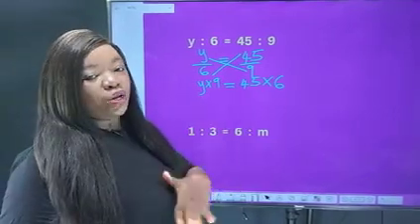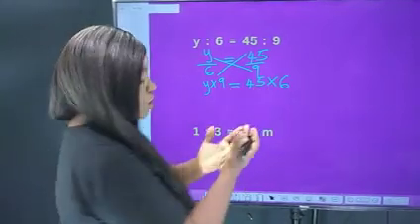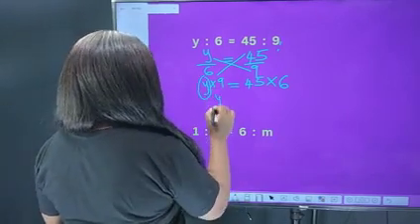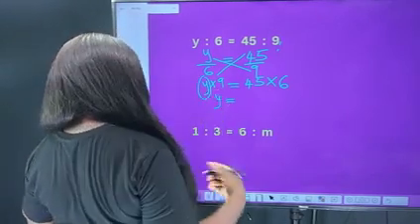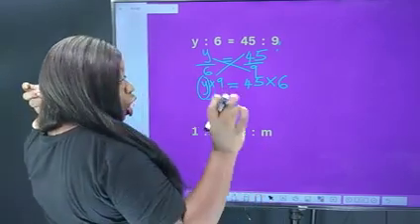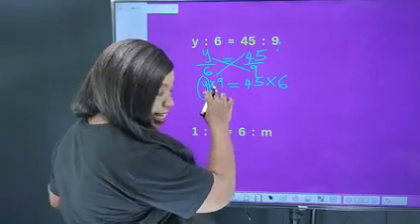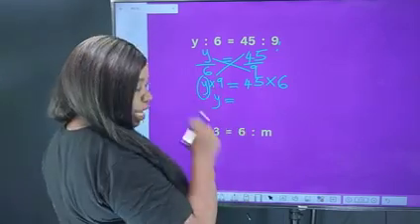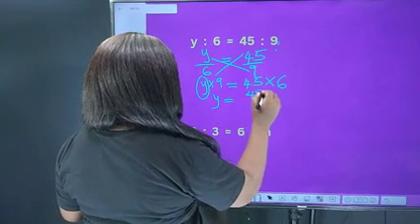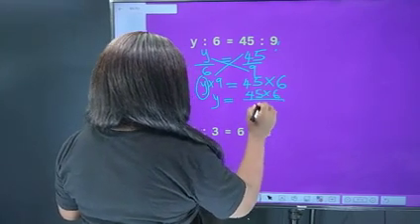The next thing is to collect like terms. Bring together numbers that look alike. So we'll be left with y. And when a number is crossing from one side, crossing the equal sign to the other side, it will do the opposite. 9 is multiplying here. When 9 gets to the other side, it will divide. So that will be 45 times 6 divided by 9.